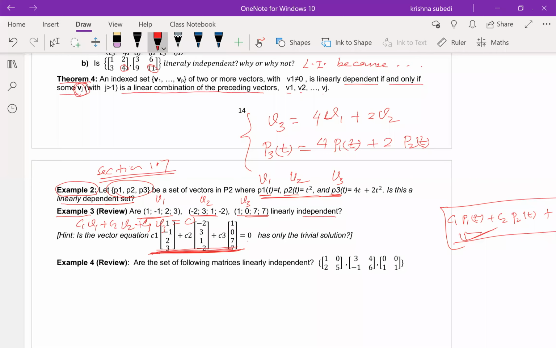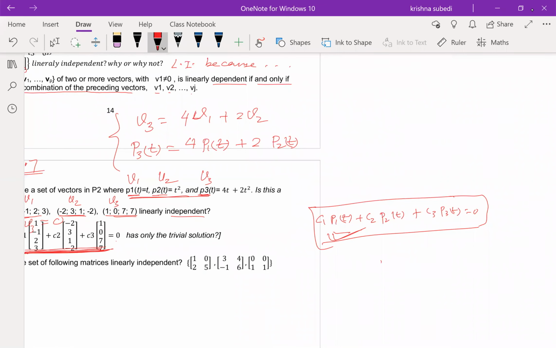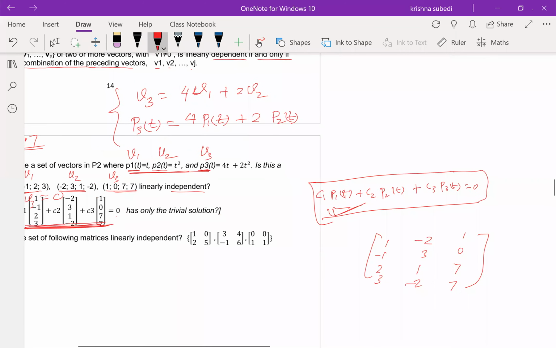Let's say I have this vector 1, minus 1, 2, 3, minus 2, 3, 1, minus 2, and 1, 0, 7, 7. Suppose I change this into echelon form. Then how can I check whether the vectors are linearly dependent or independent? Can you tell me?